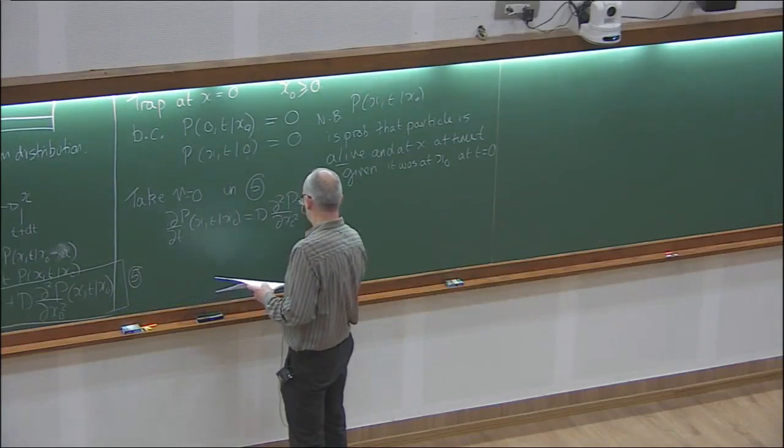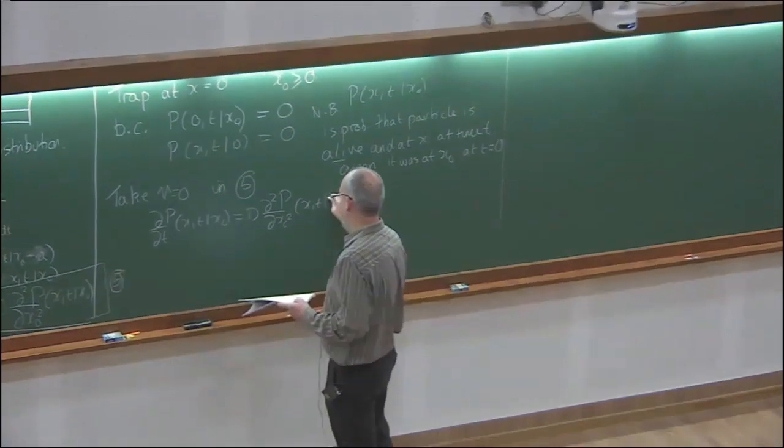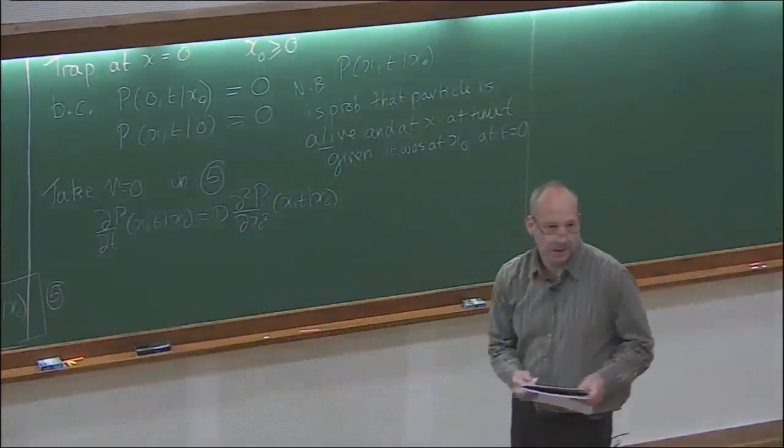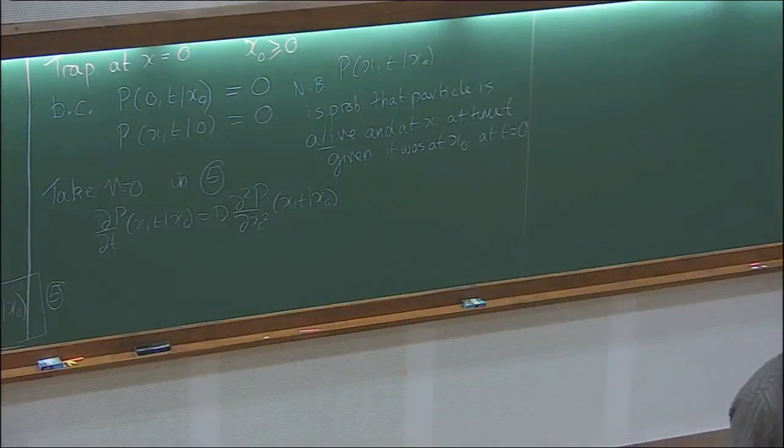Okay, so I'm just writing out equation 5 there, but with no v term. So what I'll call the total survival probability is, okay, it doesn't matter where it is. I just want to know the probability that it's still alive at time t. So I integrate over all possible positions from 0 to infinity. I integrate over all places it could be, and that gives me the total probability that it's alive.